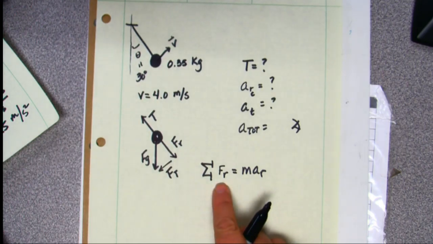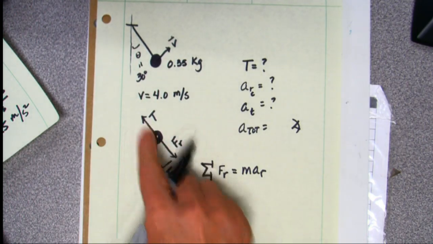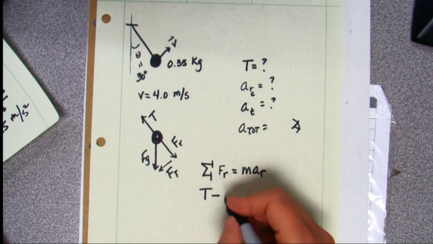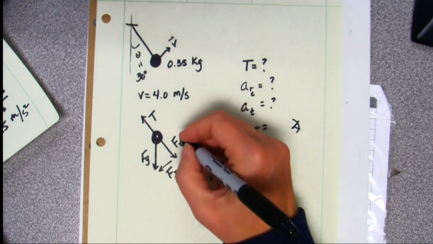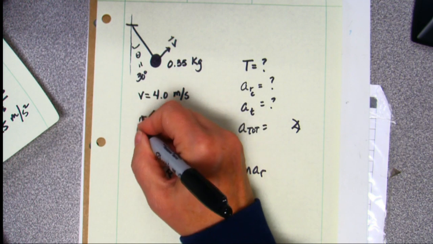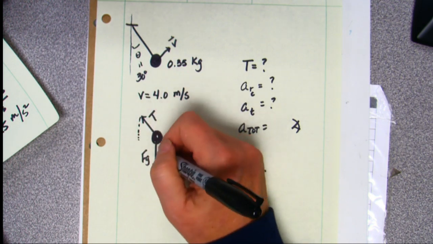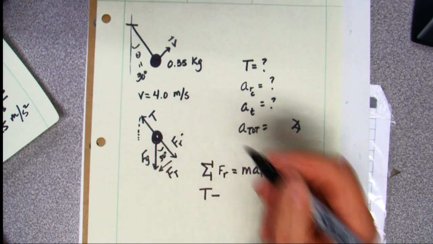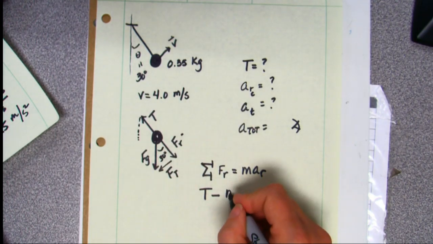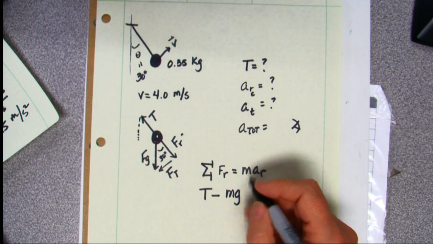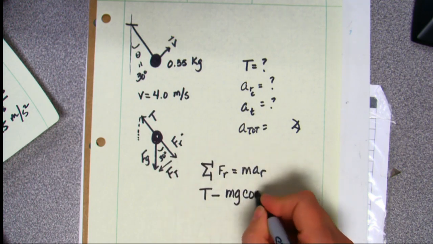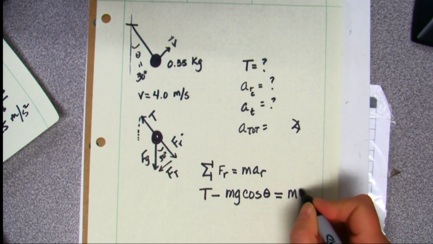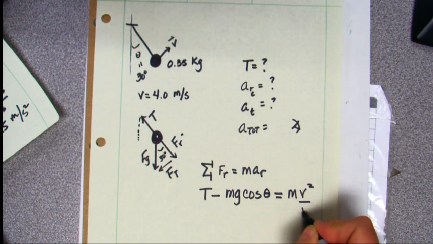My sum of the forces in the radial direction is the tension minus, and if I look at this, remember I've got these angles here, okay? That angle is going to be 30 degrees. So this is going to be mg cosine of my angle, minus, is equal to mv squared over r.